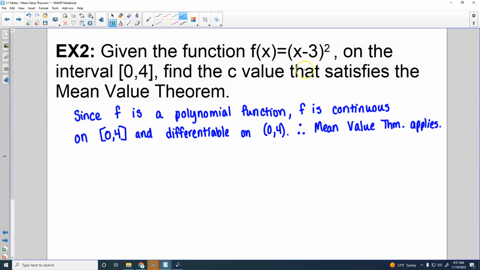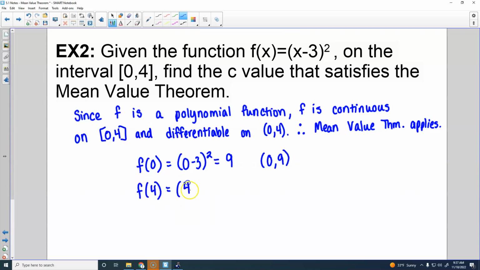And to get our points that we need, we're going to do f of 0, which will be 0 minus 3 squared, which is negative 3 squared, which is 9. So one endpoint is (0, 9). And then we'll also do f of 4. So we'll have 4 minus 3 squared, which is 1 squared, so we get 1. So we get the point (4, 1).